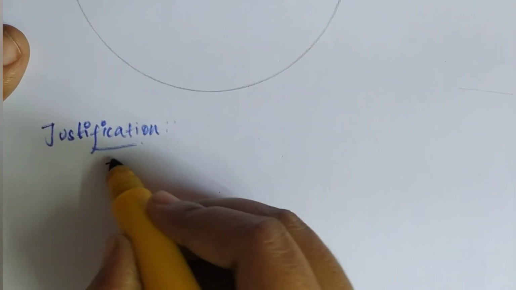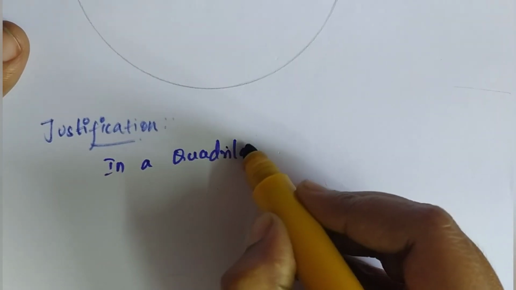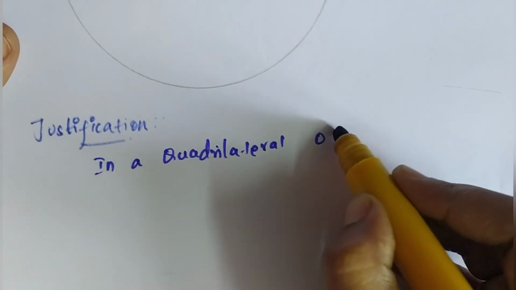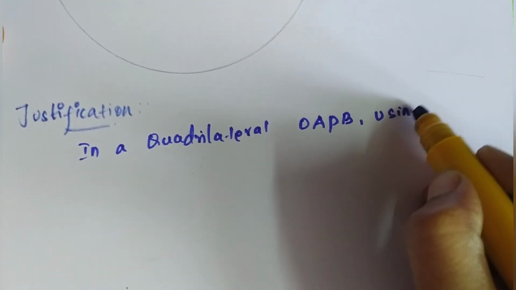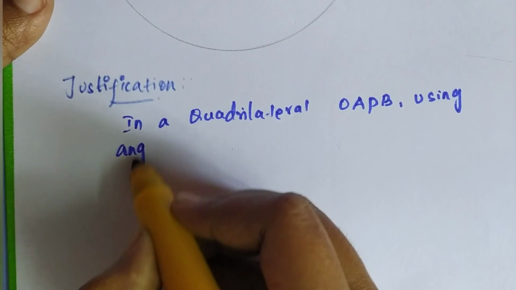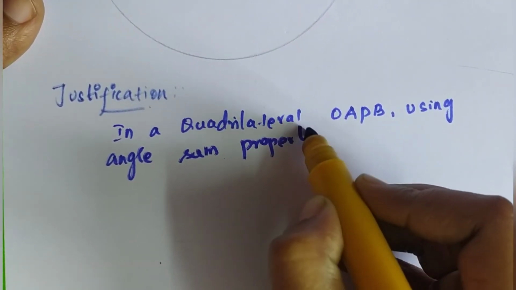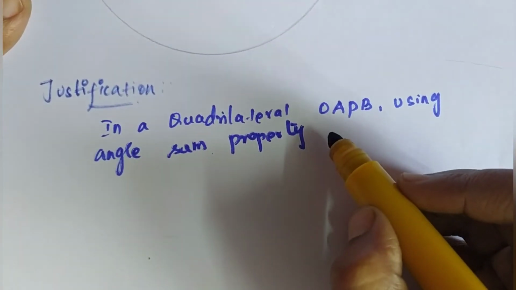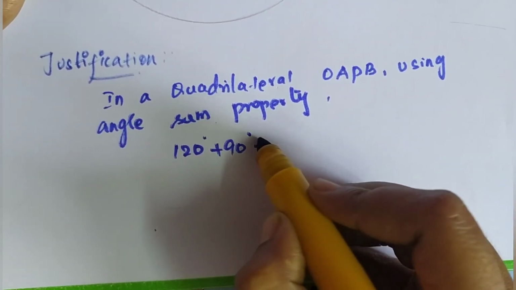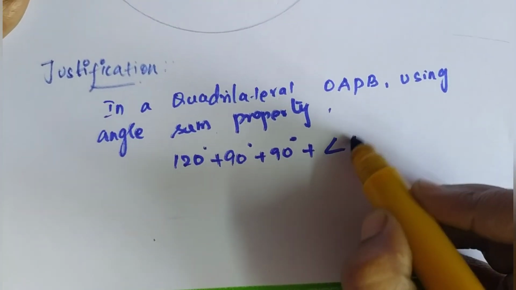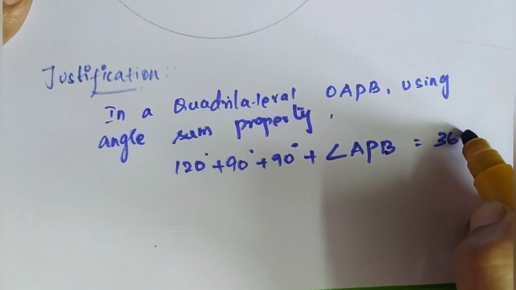In quadrilateral OAPB, using the angle sum property, we have 120 degree, 90 degree, 90 degree plus angle APB is equal to 360 degree.